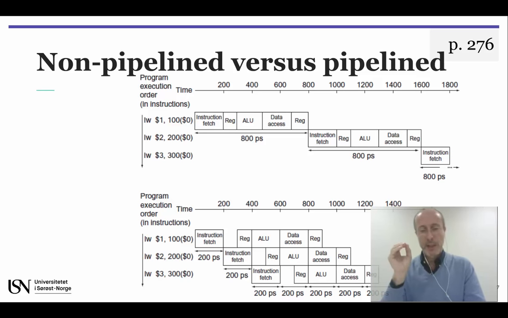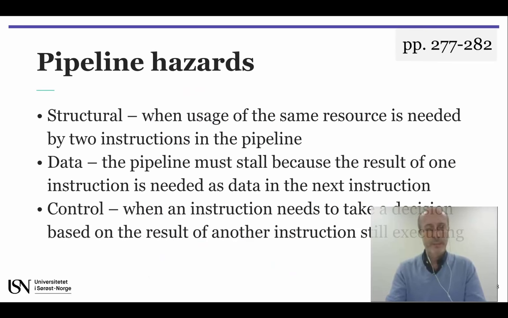In this example, this leads to a clock period of 200 picoseconds. A new instruction may be fetched from memory every 200 picoseconds instead of the 800 picoseconds seen for the non-pipelined implementation. In other words, program execution will be 4 times faster.